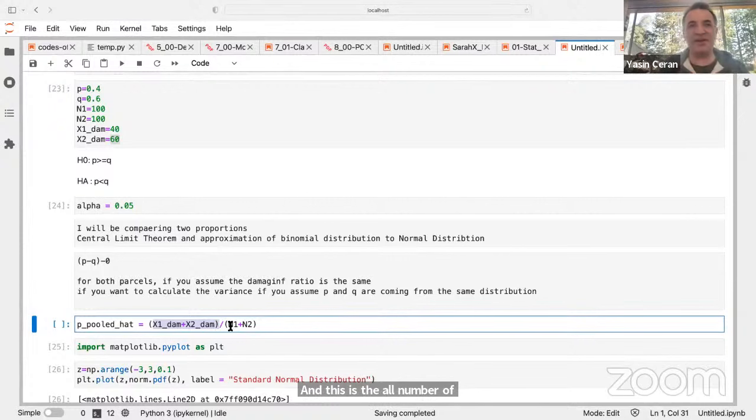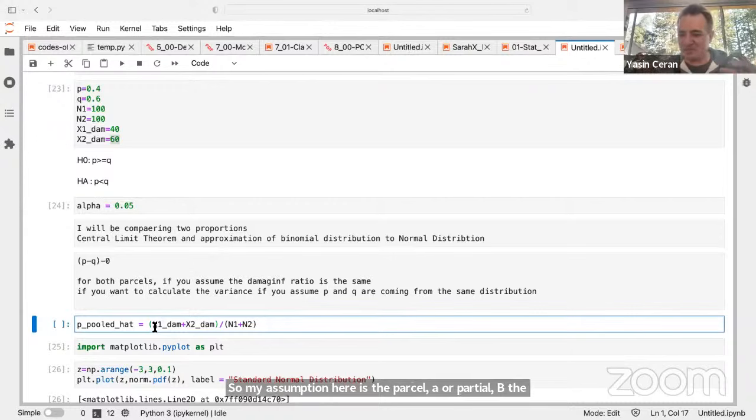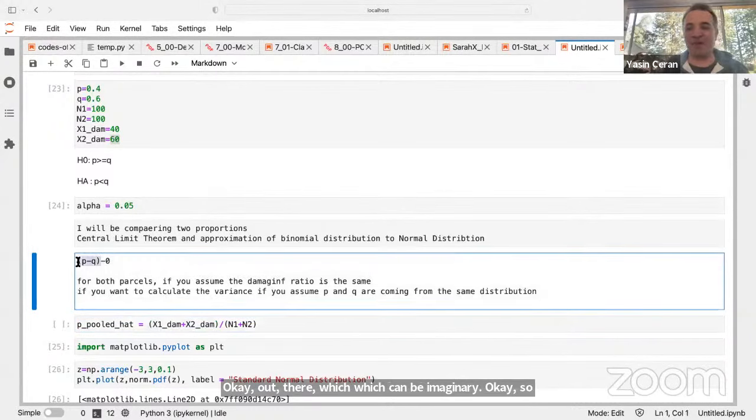So my assumption here is that for parcel A or parcel B, the damage ratios are all the same, coming from some distribution out there, which can be imaginary. Given this imaginary distribution, I'm going to compare how different P minus Q is from that imaginary scenario.